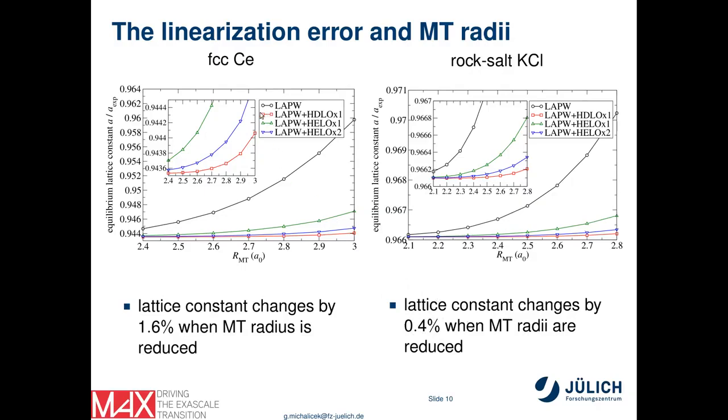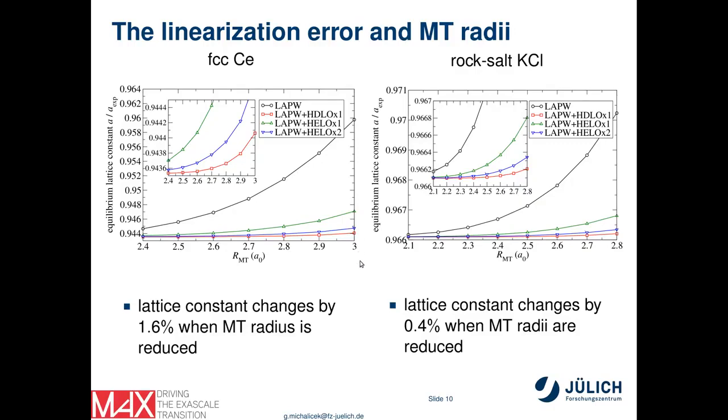But if we add local orbitals to our basis set, then our lattice constant is more or less independent of the choice of the muffin tin radius. So this is also some kind of a quality criterion. If the values that you calculate are independent of artificial numerical parameters, this is an indicator that your values are nicely converged and everything is okay with your calculation.